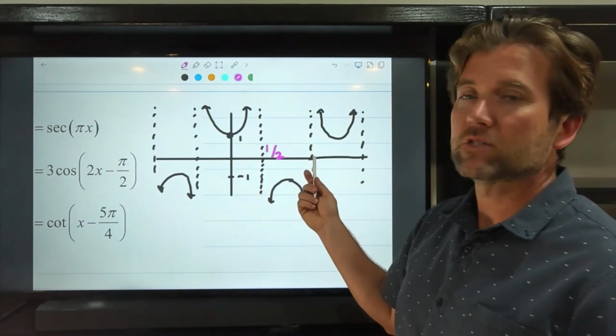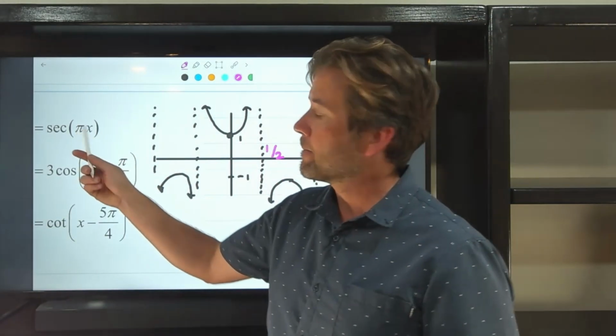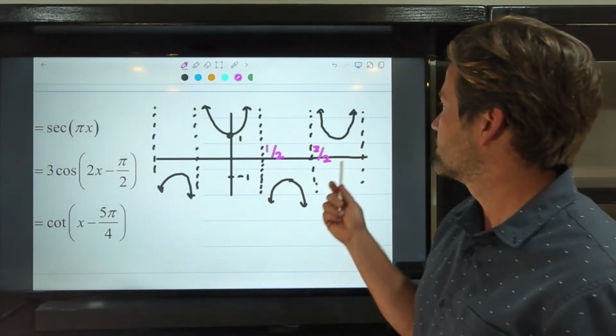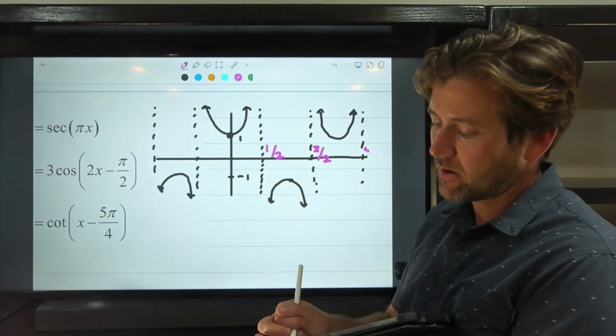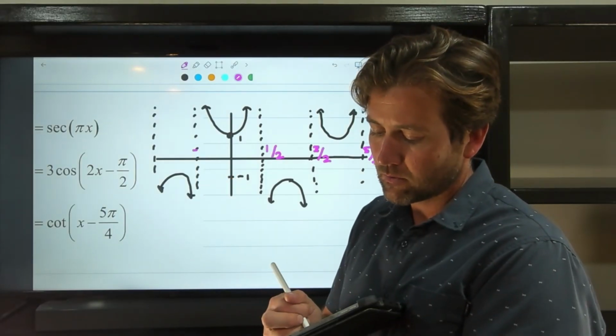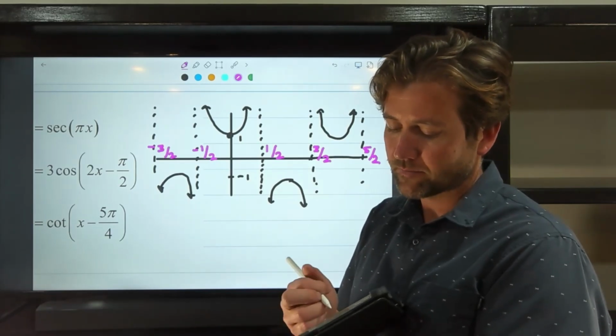This asymptote for secant of x is normally 3 pi over 2. Divide by pi, now it's 3/2. This is usually 5/2 pi. Divide by pi, now it's 5/2. This is normally negative pi over 2, divided by pi is -1/2, and this is -3/2.